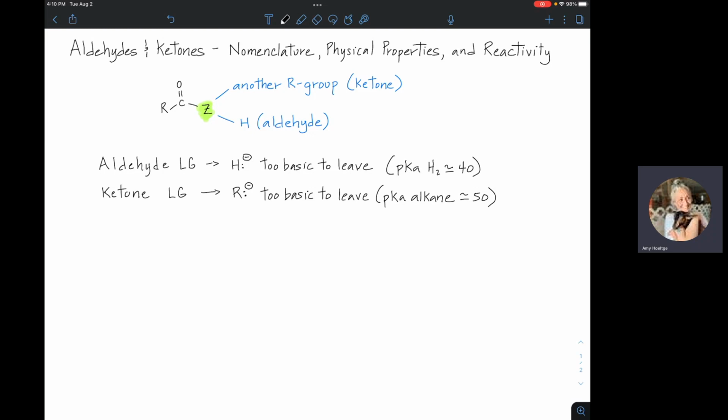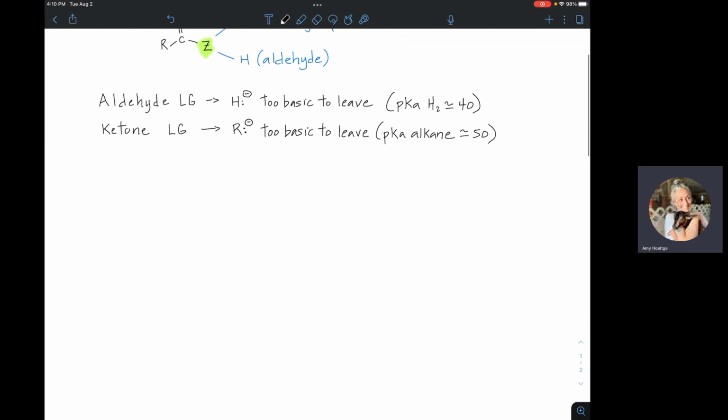So before we start any of the reactivity, let's get through the nomenclature. How do we name these things? Just like everything else, we have a common method and a systematic or IUPAC method.